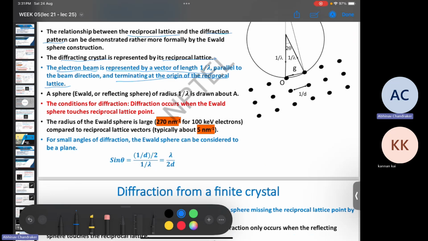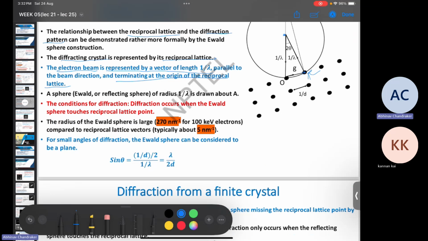Now if using this vector of length 1 by lambda you make a sphere, then what you will find is that if it is touching a reciprocal lattice point having a diffraction vector of g, then in that case, if the sphere touches this reciprocal lattice point, it means that diffraction will take place for this plane.